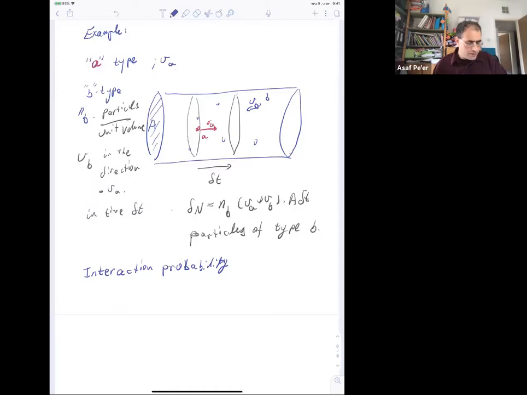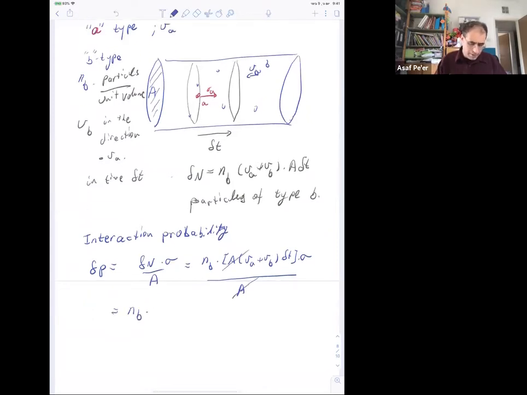The interaction probability is the effective cross-sectional area of these delta n particles divided by the area A. So delta P is delta n times sigma divided by A, which is NB times A times (VA plus VB) times delta t times sigma divided by A. So A cancels out, and this is just NB times sigma times (VA plus VB) delta t.